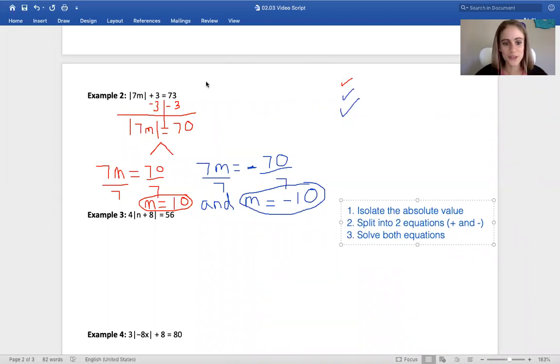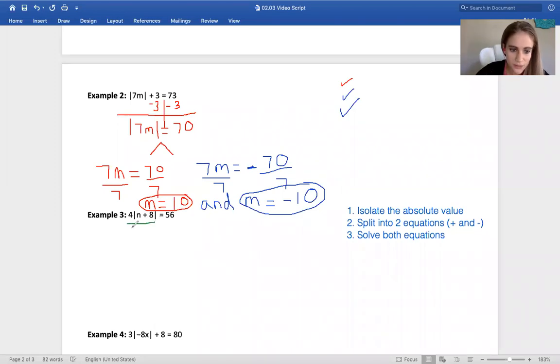All right, so if we look back through our steps, is my absolute value isolated? No, it's not. There's a 4 right in front of it, which my absolute value isn't a parenthesis, so I can't distribute that 4. But it is being multiplied. So what is the inverse of multiplication? Division.